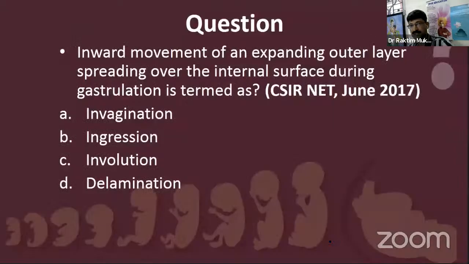There it is. Inward movement of an expanding outer layer spreading over the internal surface during gastrulation is termed as: invagination, ingression, involution, or delamination?